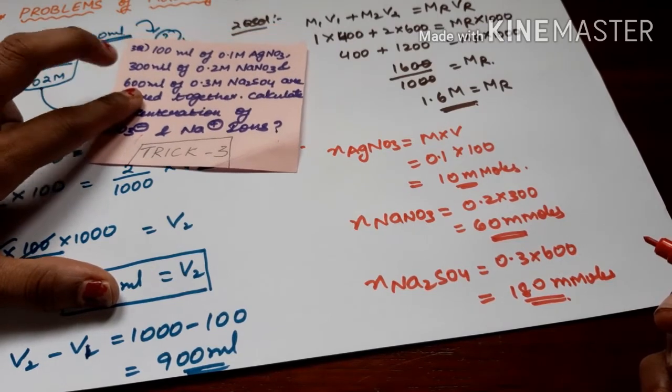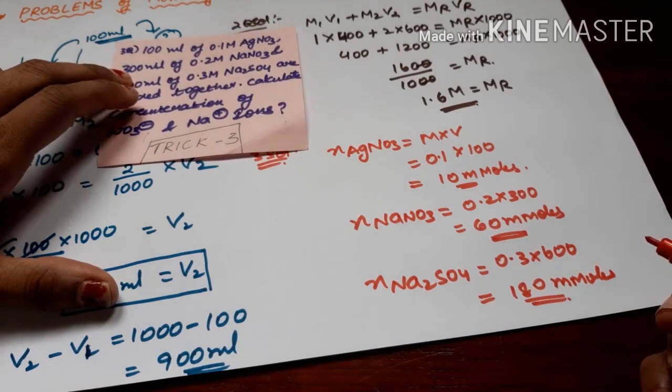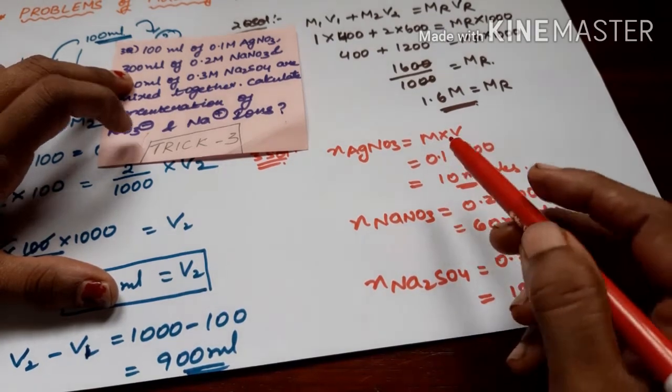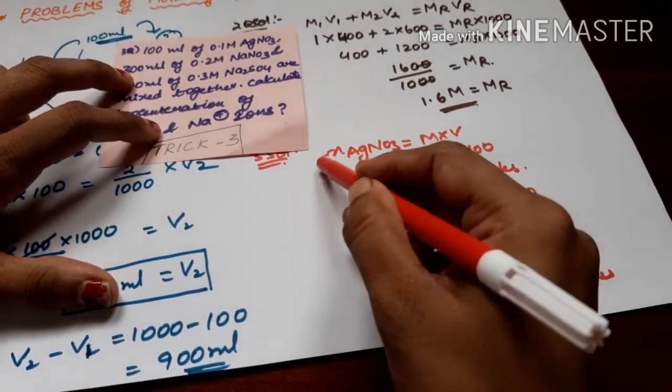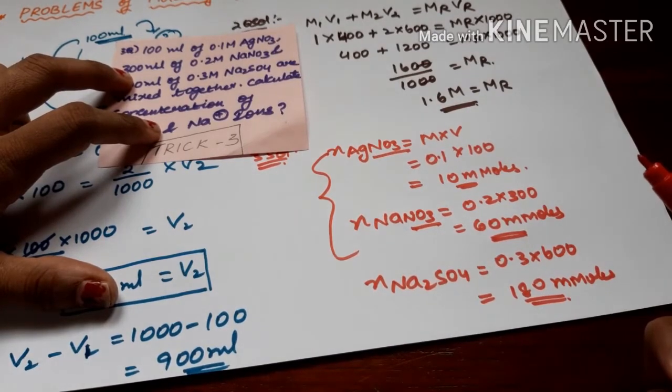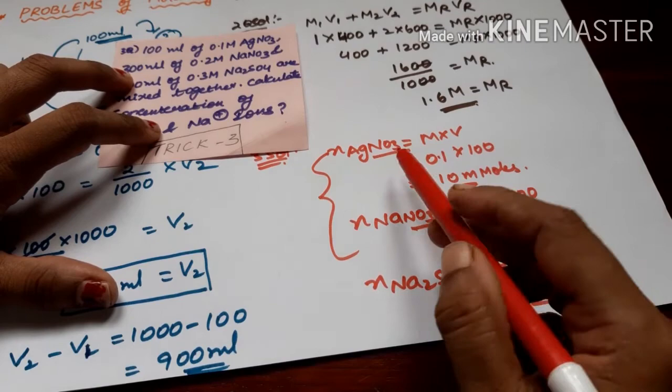Just see what is asked in the question: the concentration of NO3 minus ion and Na plus ion. Based on AgNO3 and NaNO3, the NO3 minus ion concentration will be found.